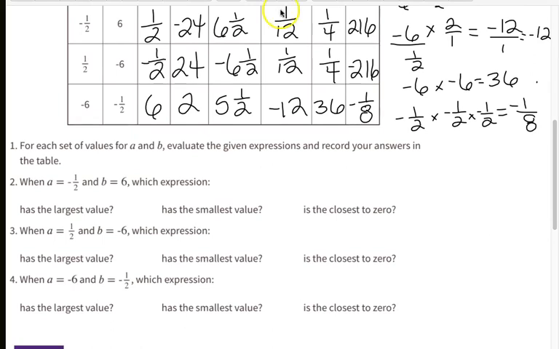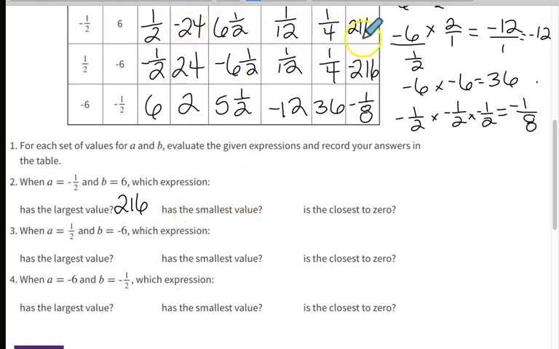So looking at number 2, for the table when A was negative 1/2 and B was 6, in this row, which expression has the largest value? Well, looking at them, the largest value is 216. Which expression has the smallest value?